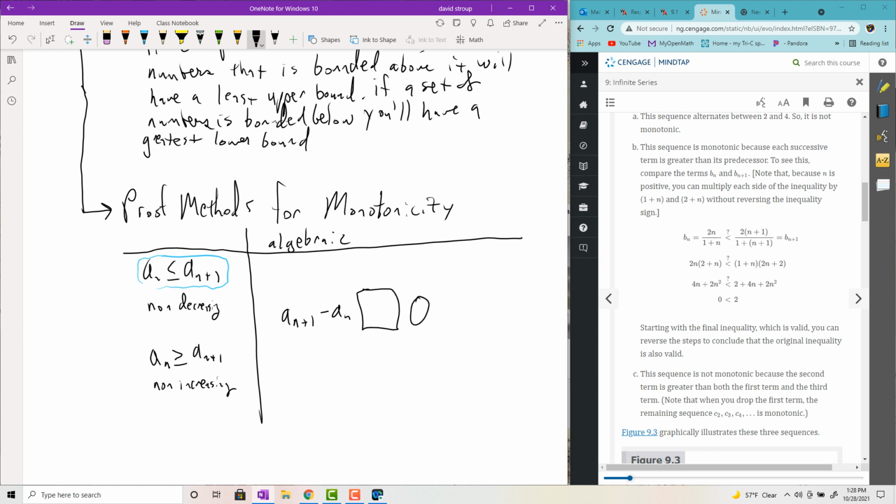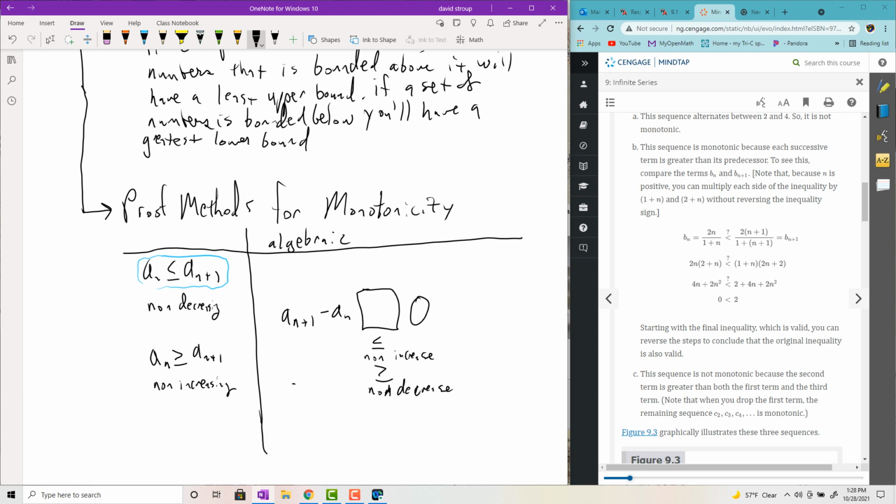If the inequality is less than or equal to 0, that means you have non-increasing. If it's greater than or equal to 0, then it's non-decreasing.